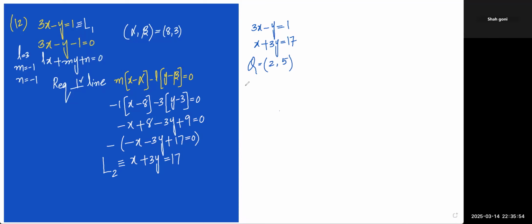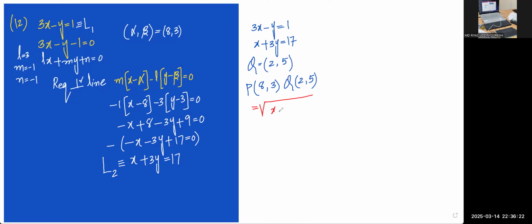Now the third bit is asking to find the length of PQ. Already we know that P is given in our question, that is 8 comma 3, and Q is 2 comma 5. So to find the length, this formula is also given in the formula sheet. Simply we should substitute in this formula: x2 minus x1 whole square, plus y2 minus y1 whole square, under the root.